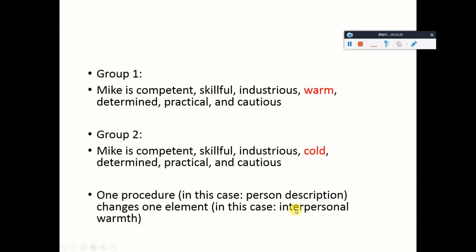In this case, the one element that's being changed is interpersonal warmth. In one condition, this manipulated variable takes the value of warm, and in the second condition, this manipulated variable takes the value of cold. So that's clean manipulation. One procedure, one manipulation changes one condition.